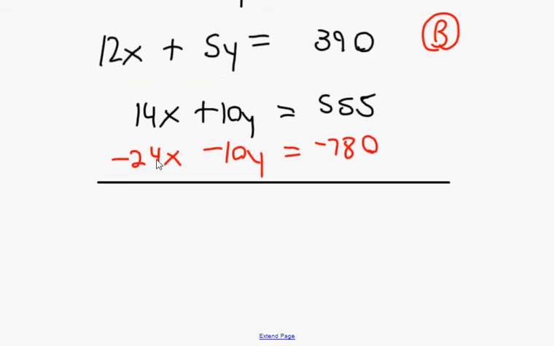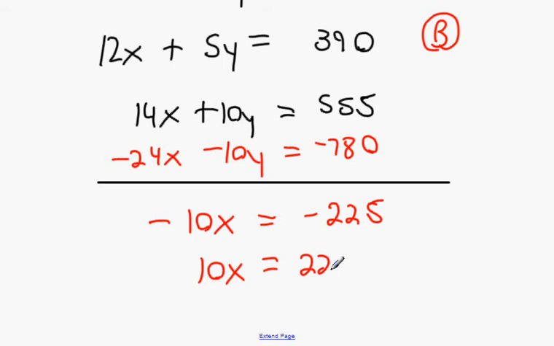It's minus 10x, and what's 555 minus 780? Minus 225. Multiply both sides by minus, you get 10x equals 225. Divided by 10, you get the thin diameter pipes are worth €22.50.